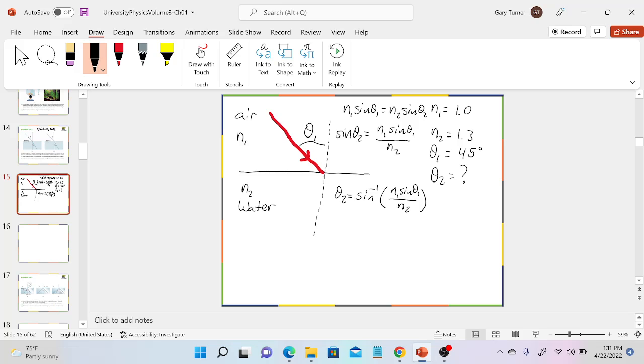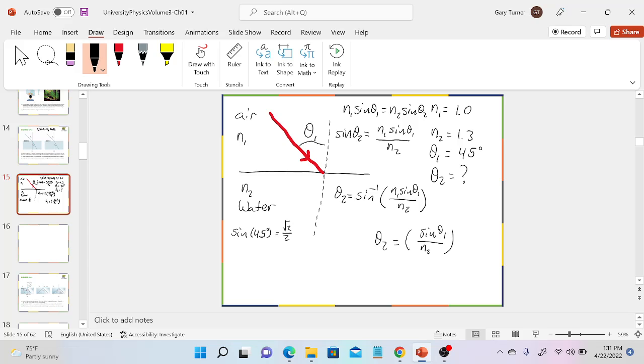So in this case, since N1 is 1, theta 2 is going to equal the inverse sine of sine theta 1 divided by N2. And recall that if theta is 45 degrees, the sine of 45 is the same thing as the square root of 2 over 2.